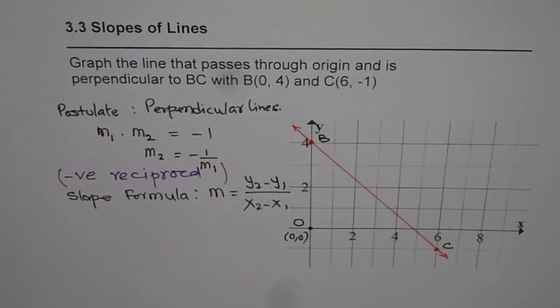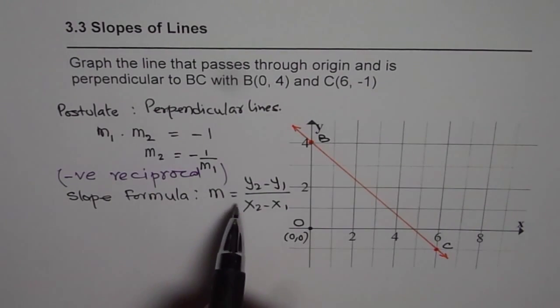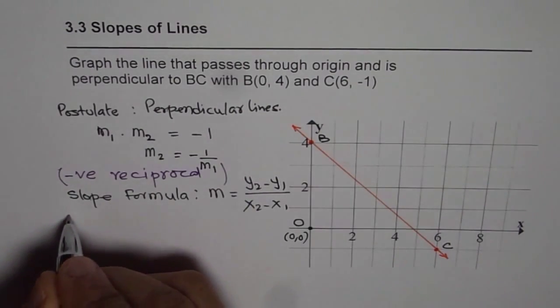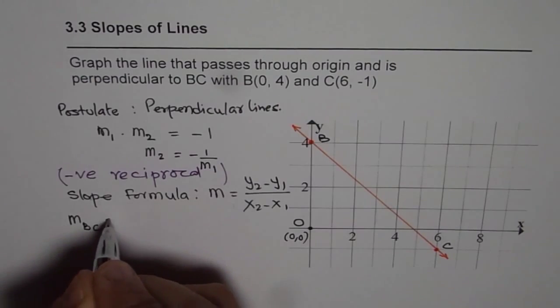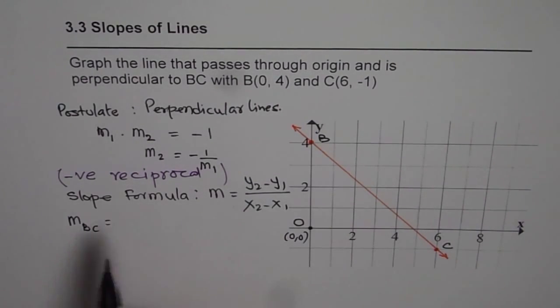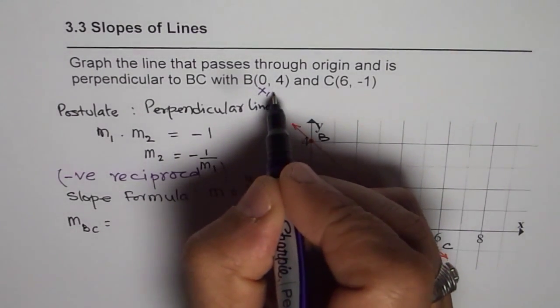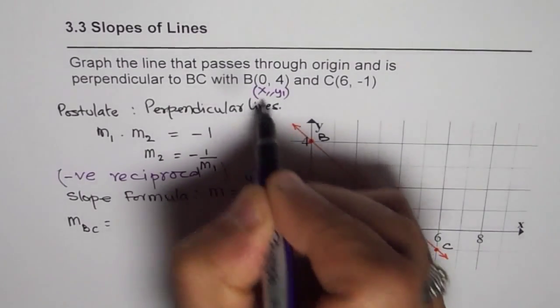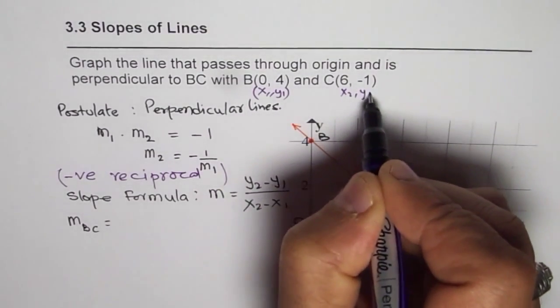Correct? So let's begin by using the slope formula for BC. For BC, let me write M_BC. That indicates we are using these two coordinate points. This is our x1, y1, and that is x2, y2, correct?